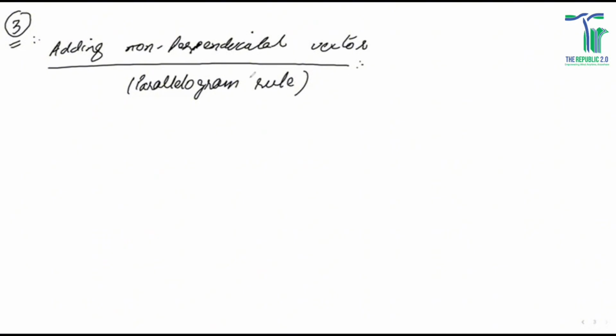What do we do in a parallelogram? For example, we have two vectors which are not perpendicular to each other. One of them is like that. This is F1, and the other one is something like that. This is going to be F2. You just need to connect them at their initial starting points. So I'm going to connect them at their initial starting point.